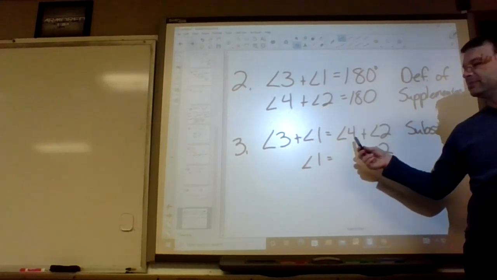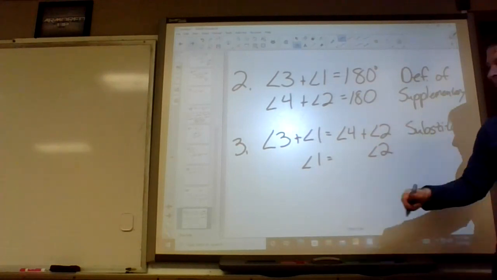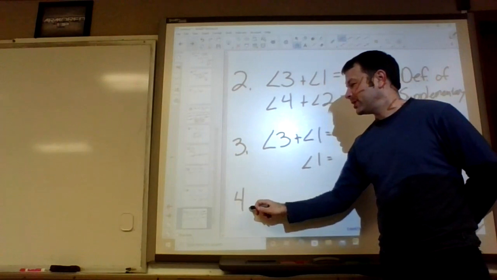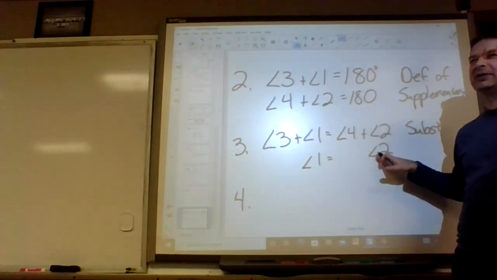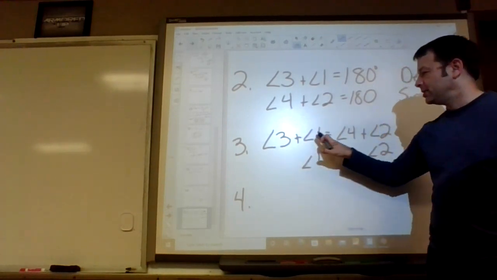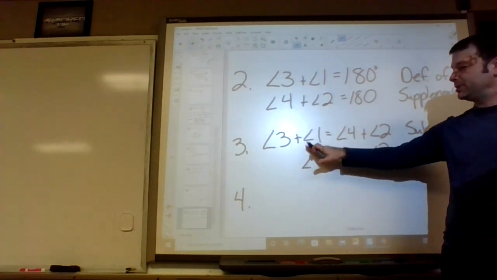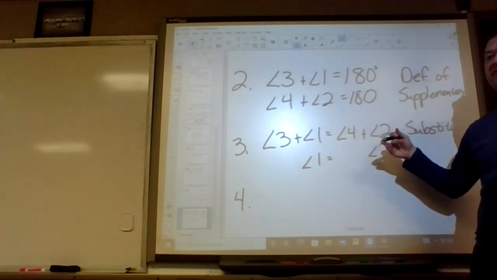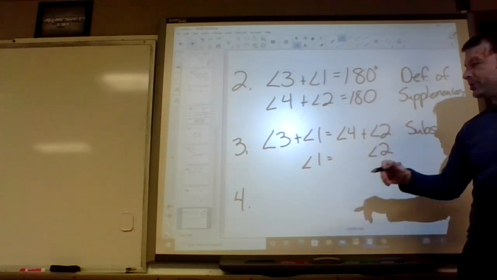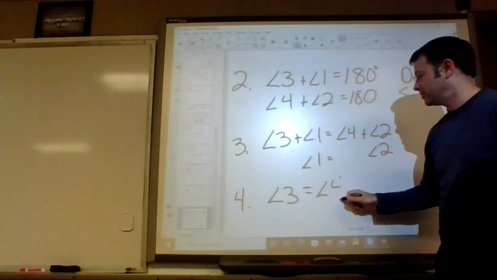You take away 1 and 2. What do you mean by take away? Subtract. The measurement of angle 1, whatever it is, since these two are equal, you can subtract the same value on both sides. What's that called? Addition property of equality. There you go. Angle 3 equals angle 4.